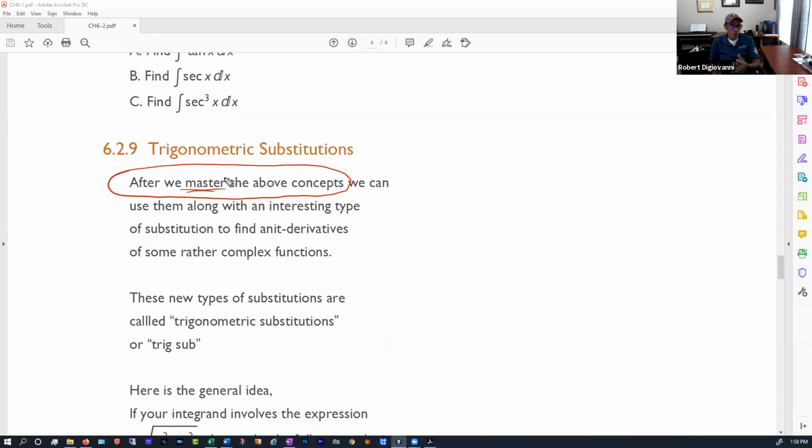You still have to go do the homework, right? But after we understand how all that happens and feel comfortable with it, we can use the methods and concepts, along with an interesting type of substitution, to find antiderivatives of some rather complex functions. These new types of substitutions are called trigonometric substitutions, or what I will refer to as trig sub.